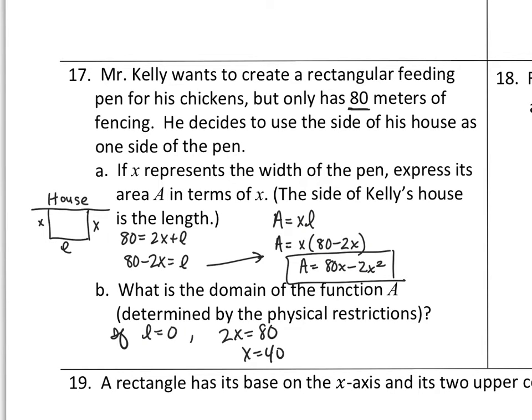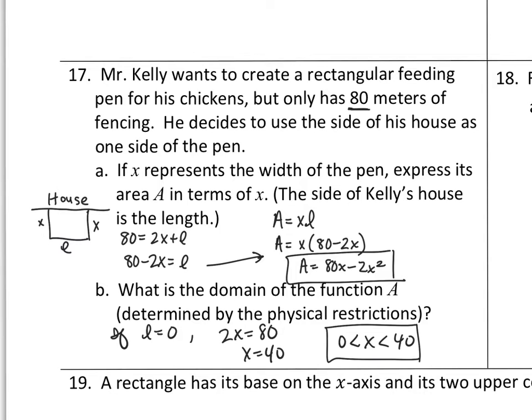But I knew that didn't make sense because there's no way it's going to be 0 wide, or 0 in length. So I knew that x had to be between 0 and 40, had to be less than 40. You probably could get a little bit more specific than that, but at a minimum, I know it can't be any more than 40. So that's where that came from.